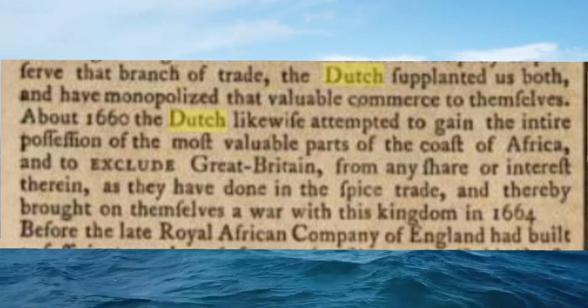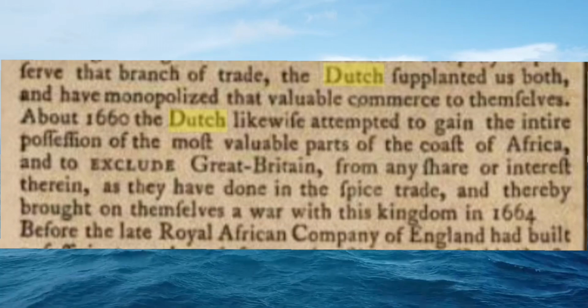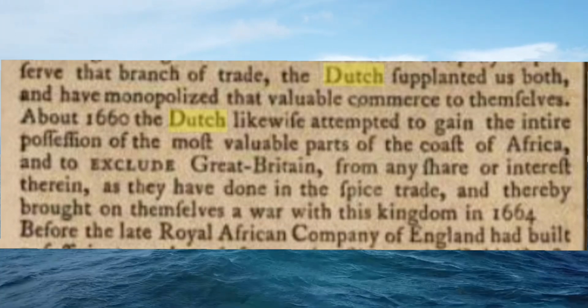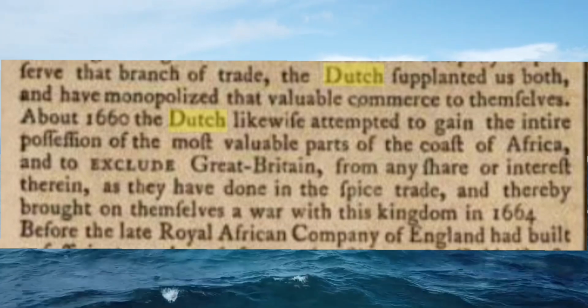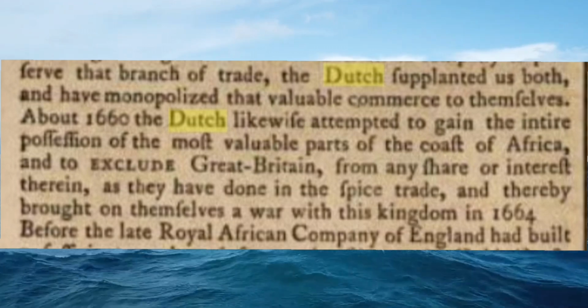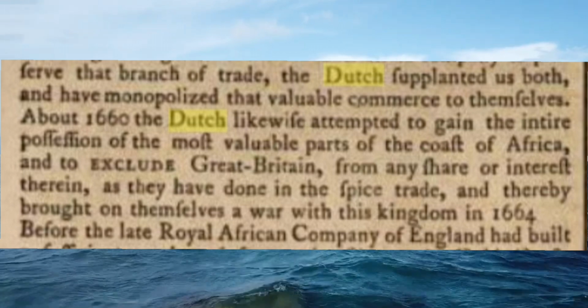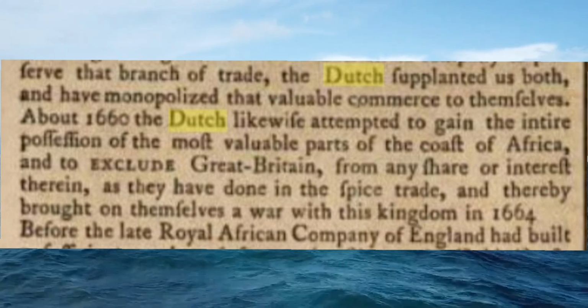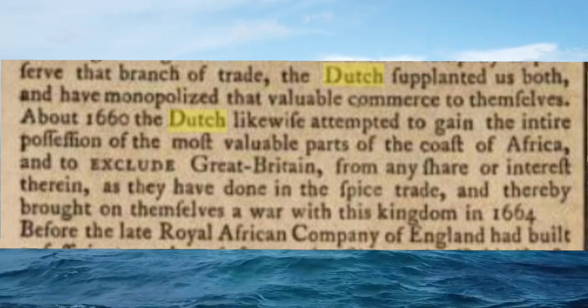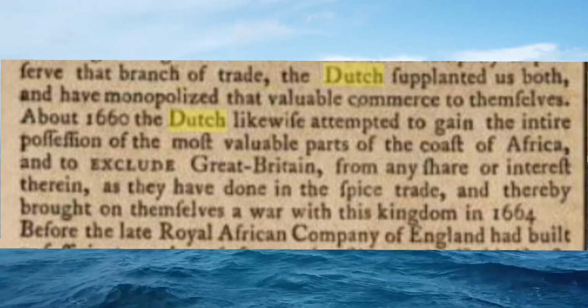Now remember, it says in that source we just read that slavery didn't start for real until 1663. The Dutch likewise attempted to gain the entire possession of the most valuable parts of the African coast and to exclude Great Britain from any share or interest therein. Notice they started to try and take over in the 1660s, the same time slavery started to happen.